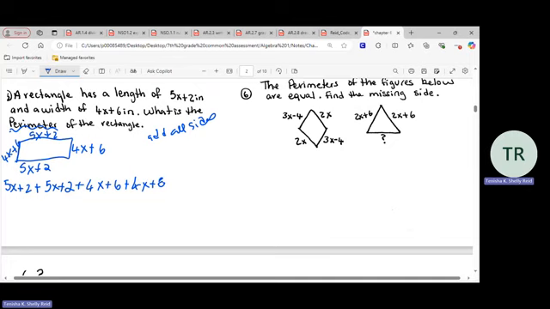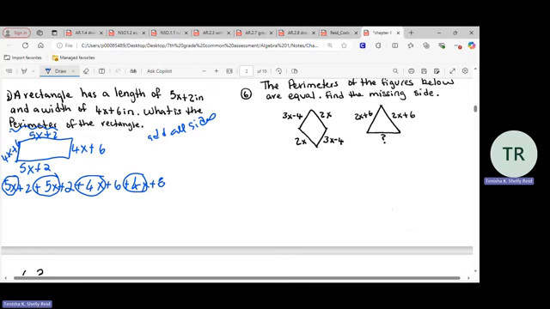And then I'm just going to combine my terms. Now, if you wanted to just do the 4x plus 6 and got 8x plus 12 automatically, that's fine. You can do shortcuts in this case. But I'm going to do the 5x plus 5x plus 4x plus 4x and simplify.